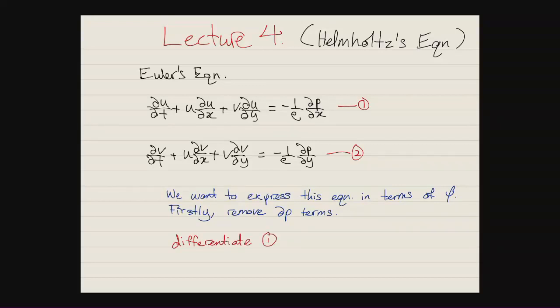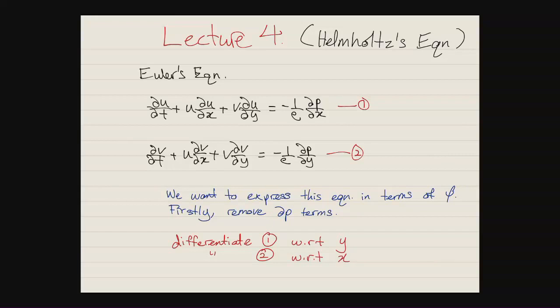Okay, I want to differentiate my equation 1, which is the momentum equation in the x direction, with respect to y. Okay, and I want to differentiate equation 2 with respect to x.